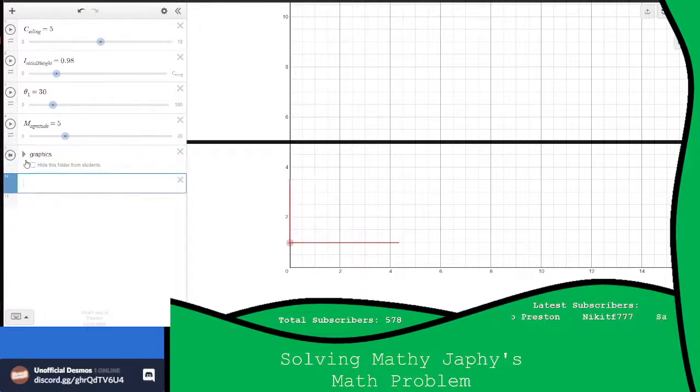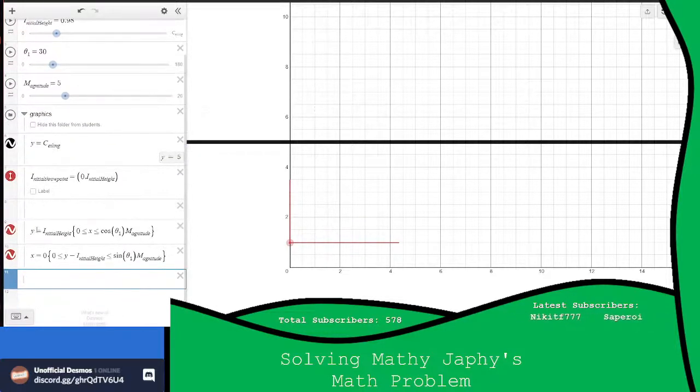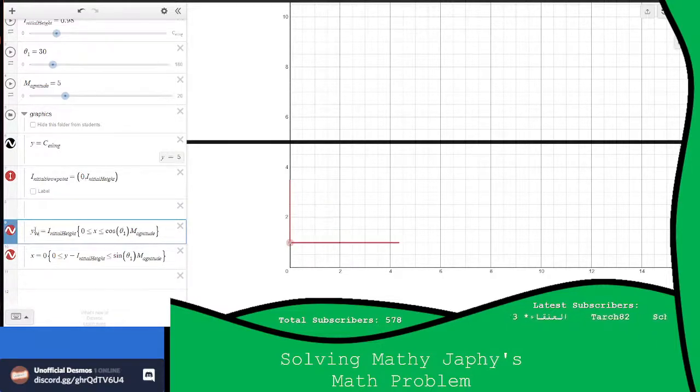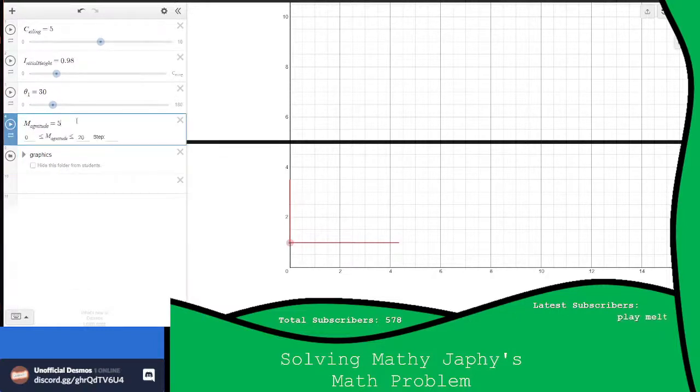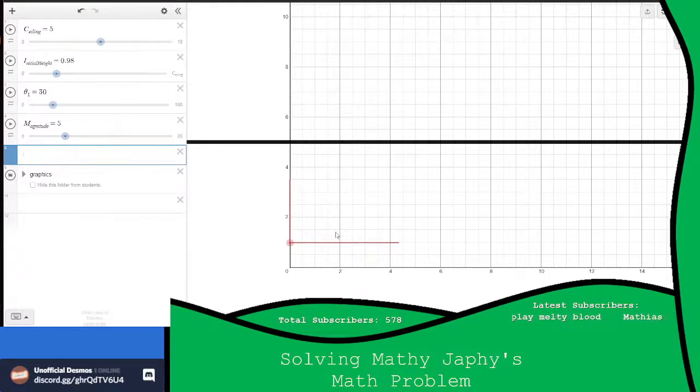So let's call this y vector, and then we have x initial vector. All right, so we have our two vectors here, right?